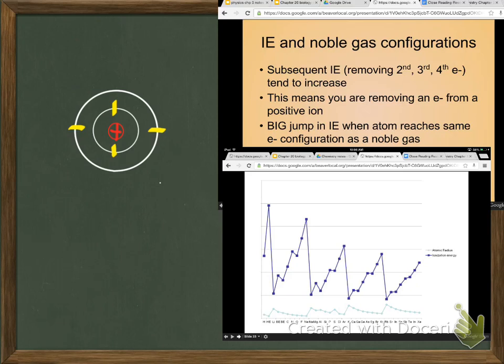And then on that second main energy level, we have 2 more electrons. So, what's the nearest noble gas to beryllium? Helium.